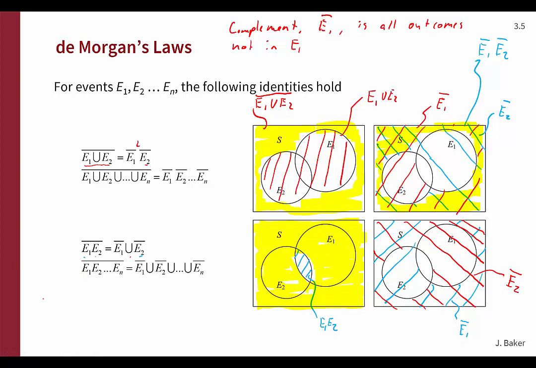So everything with any kind of hatching in it gets counted. The only thing that doesn't have hatching in it is that little slice in the middle of the figure. Everything else has hatching of one color or another.